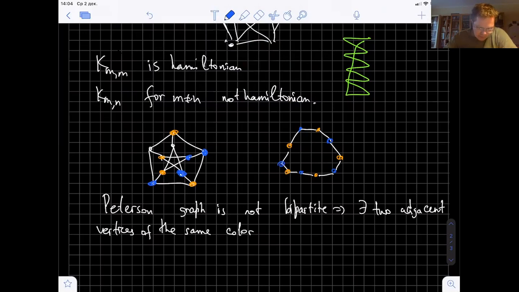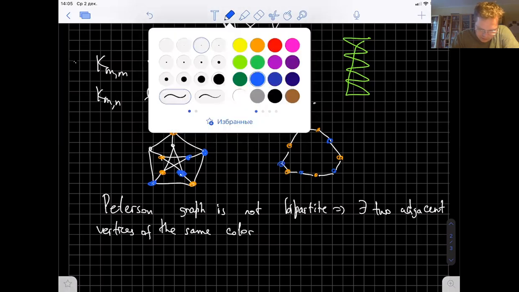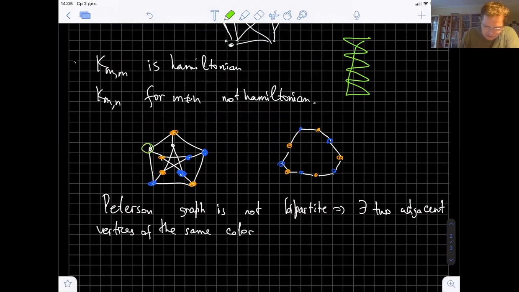So here we'll have a contradiction. If I look at this vertex, it should be blue, because if I have three edges, one of them blue and two of them orange, then it should be blue.